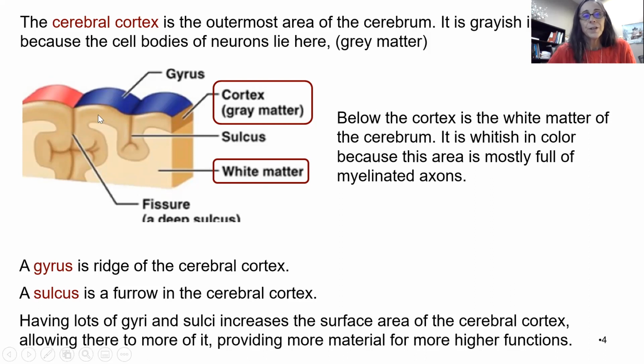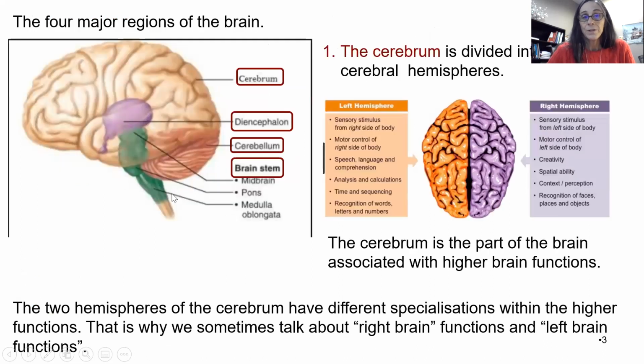Now, on this little picture here, it's just showing you that you have a very large indentation inside, a crevice that goes inside, and the big ones are called fissures. And the only one you need to worry about is the one that we just talked about. This right here, separating the right hemisphere from the left hemisphere, is the longitudinal fissure.